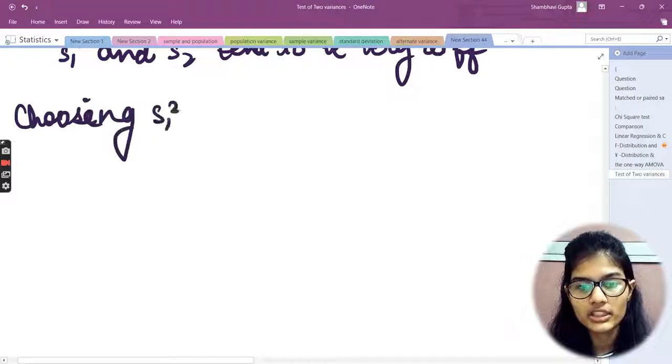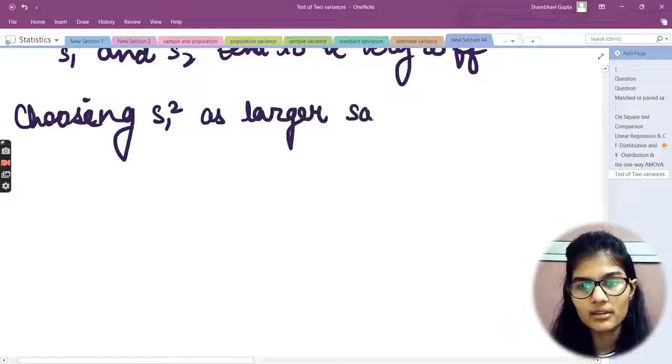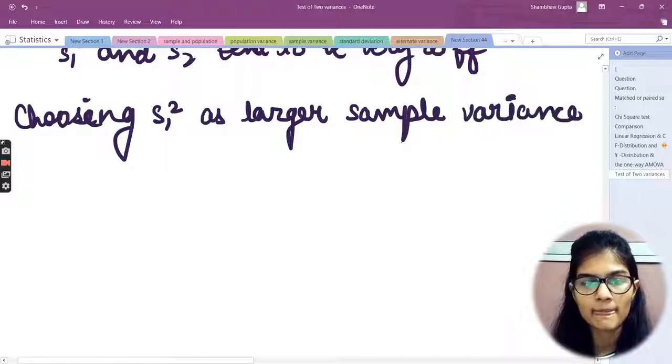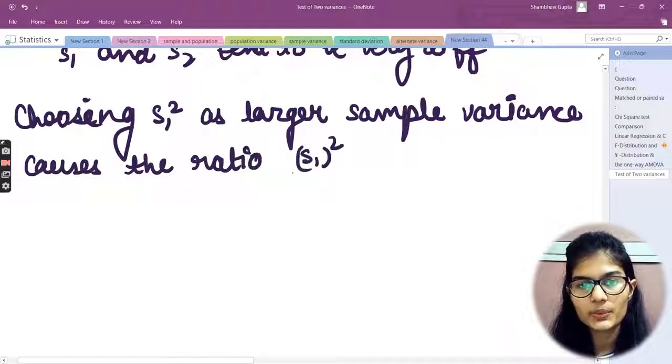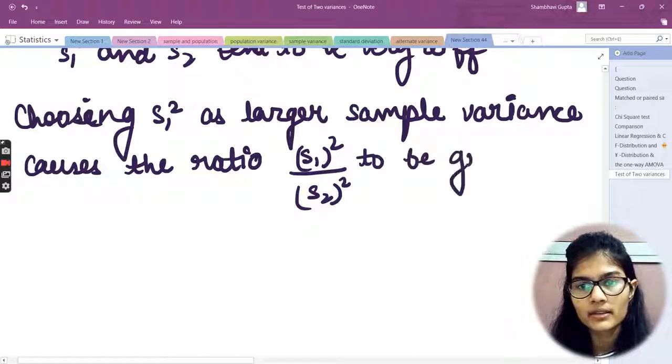Choosing S1 square as the larger sample variance causes the ratio S1 square divided by S2 square to be greater than 1.